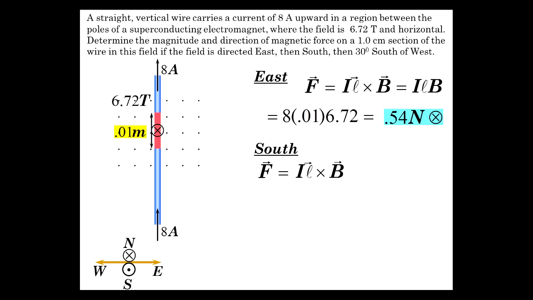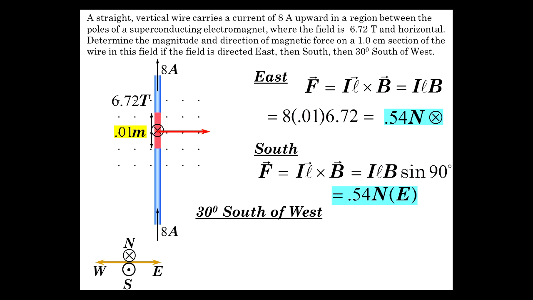So F is IL cross B. The direction of the current and the B field are perpendicular. And the length we're talking about then is just that 1 centimeter. So ILB sine of 90 degrees, 0.54 newtons to the east.